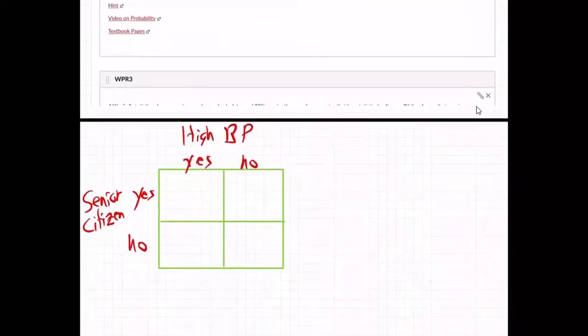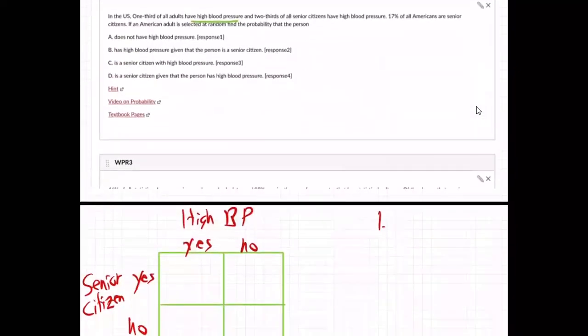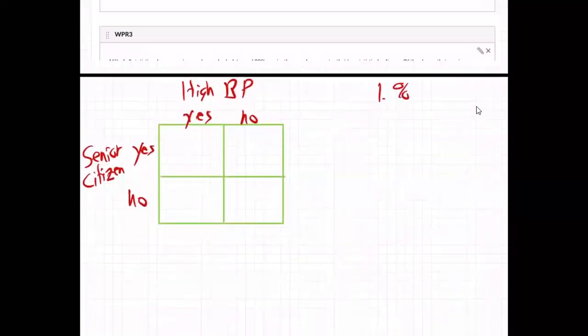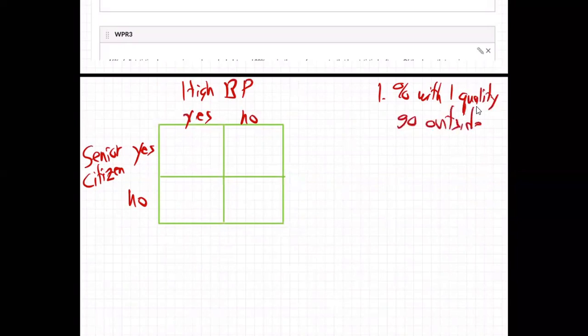So the first step over here is percentages with one quality go outside of the table on the bottom or the right side because they're a total.